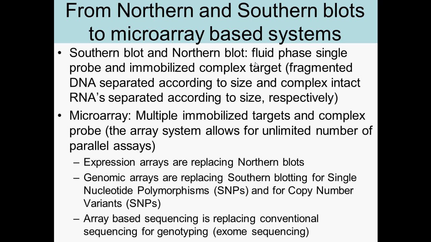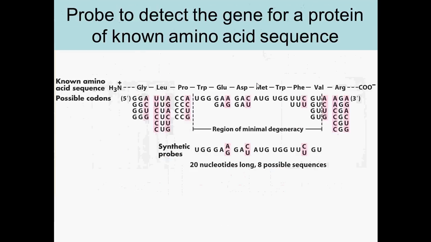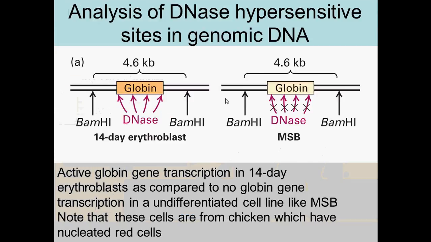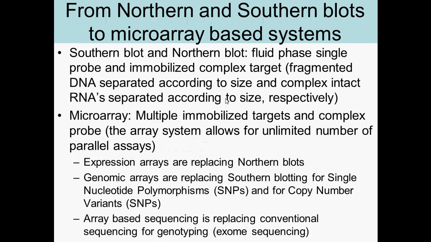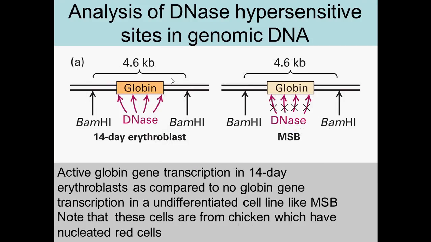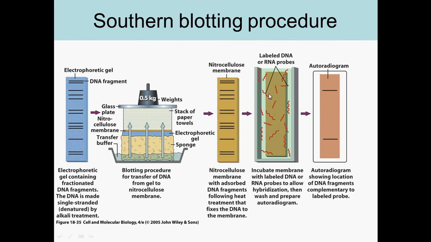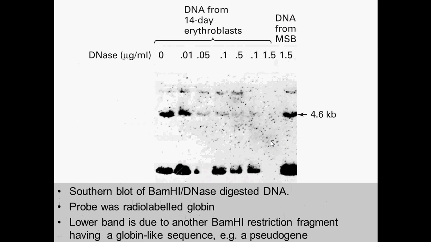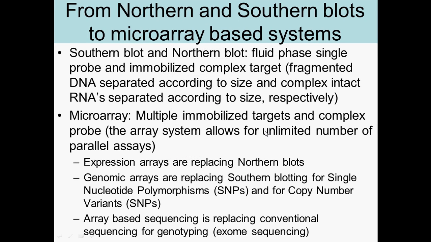So the target is on the membrane we saw yesterday, and the target is fixed, and then you have the probe that's floating around in the solution. These are the probes floating around in the solution. That's the same case for Northern and Southern blot.